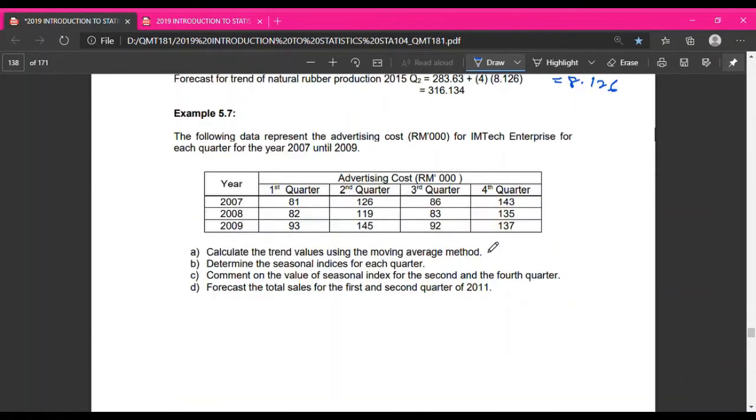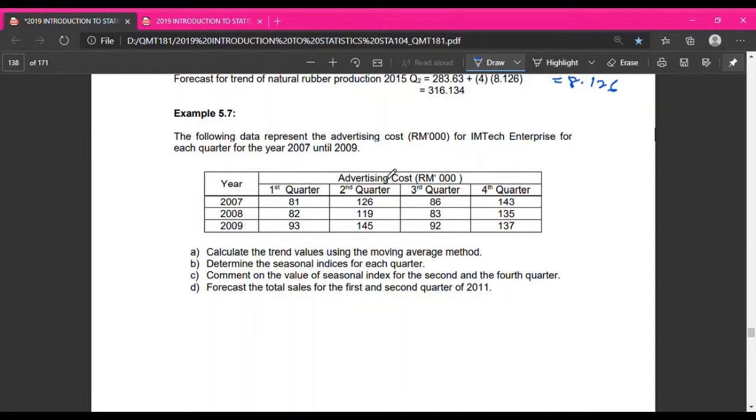Okay, let's see the example. Example 5.7. The following data represent the advertising cost in thousands for Impact Enterprise for each quarter for the years 2007 until 2009. This is the data. As you see here, we have quarters for 3 years: 2007, 2008 and 2009.